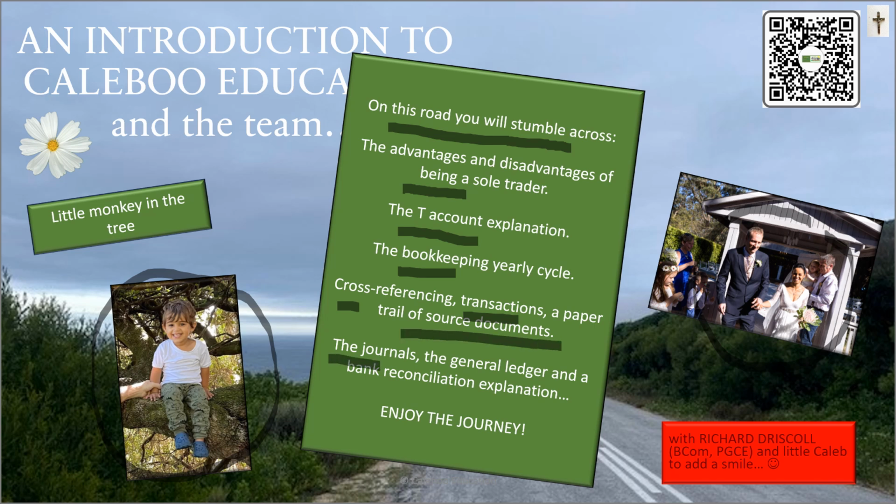I'll look at journals, the general ledger, and I'll explain to you what a bank reconciliation is. This is an introductory lesson where I don't go into too much detail, but I'm just explaining to you some theory of accounting. I hope you enjoy it and you get a good foundation before we get on to the practical work.